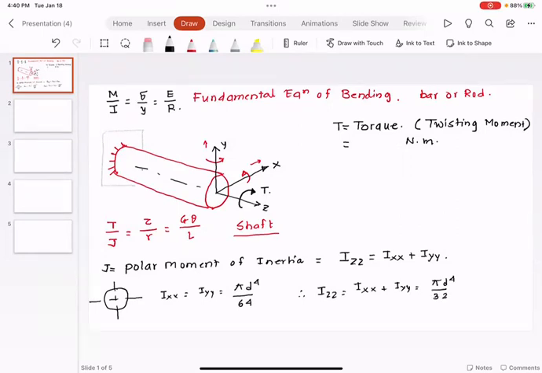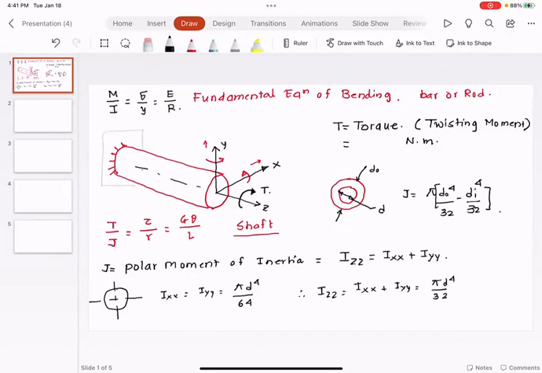If you have a hollow cross section, which means you have a shaft with outside diameter DO and inside diameter DI, J is equal to pi d outside to the power 4 divided by 32 minus d inside to the power 4 by 32.